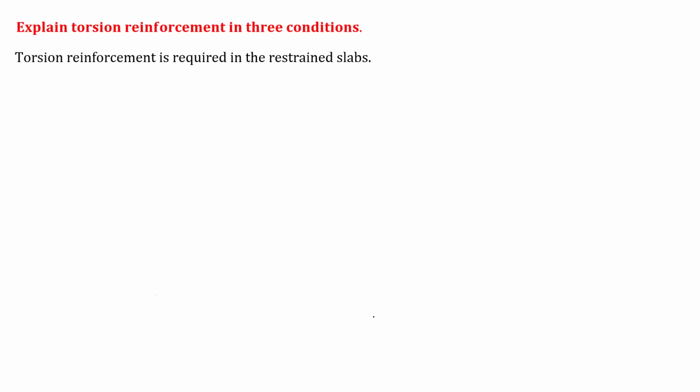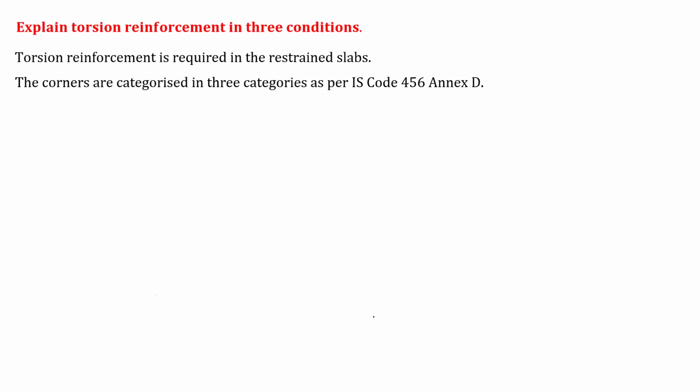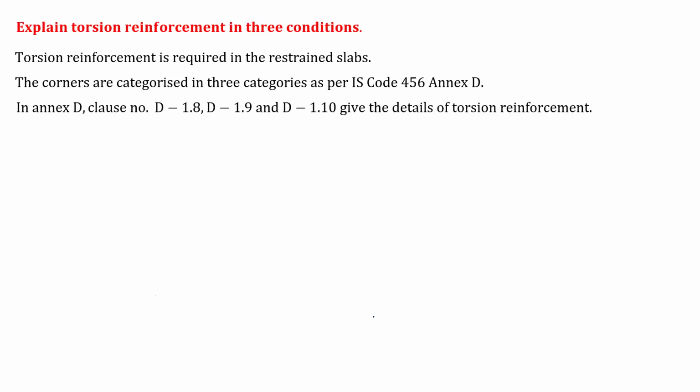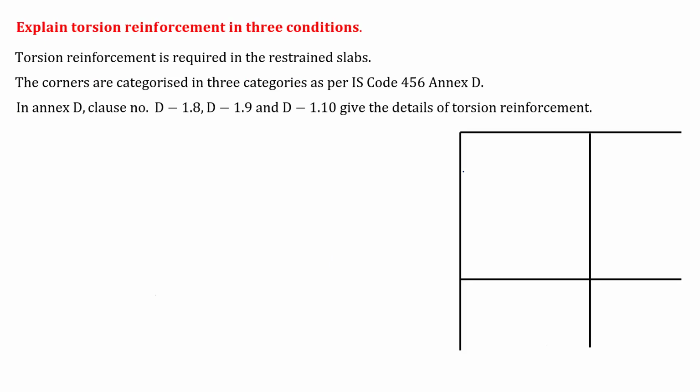So torsion reinforcement is required in the restrained slabs. The corners are categorized in three categories as per IS 456 Annex D. In Annex D, clause number D-1.8, D-1.9 and D-1.10 give the details of torsion reinforcement.